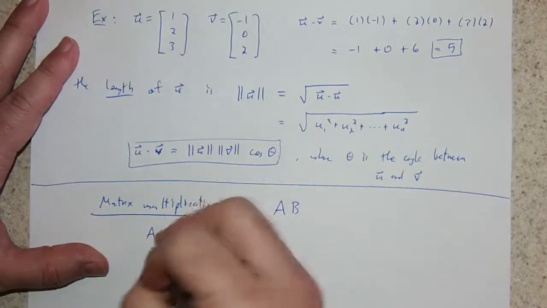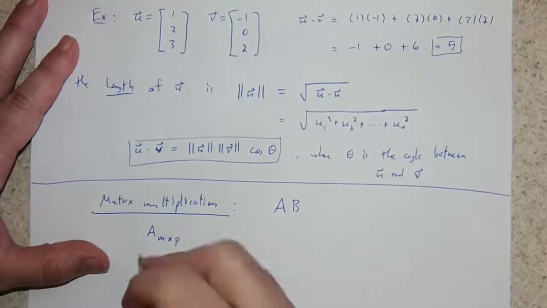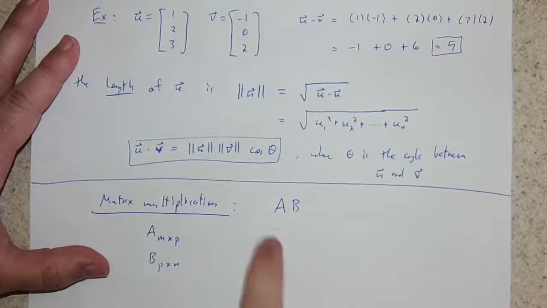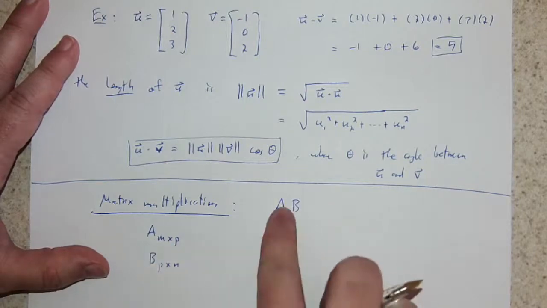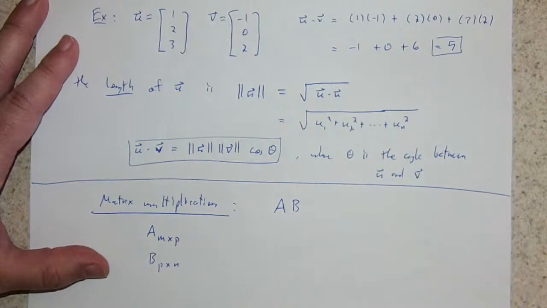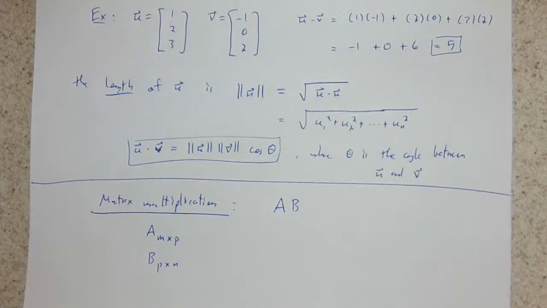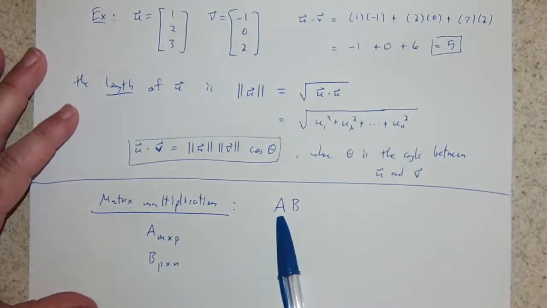If A is an M by P matrix, B has to be a P by N matrix. When you're multiplying two matrices, the order matters, because if you swap the order and these numbers don't work out, A times B could be perfectly fine, but B times A might not even be defined as a product. It might be literally impossible. So the number of columns of the first matrix has to match the number of rows in the second matrix.